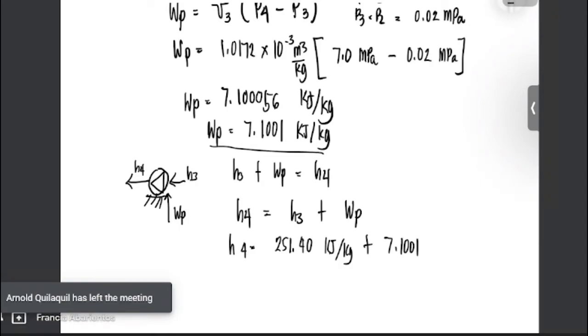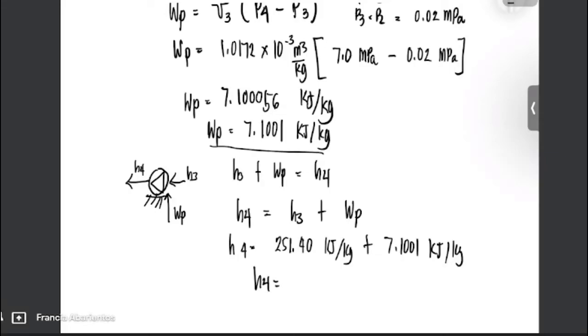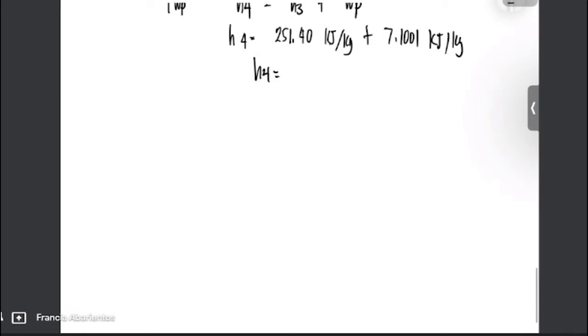Ayan, 4 decimal lang naman. So, what is now the H4 in 2 decimal? The enthalpy at point 4. What is now the answer? Ilan class? 258.5.